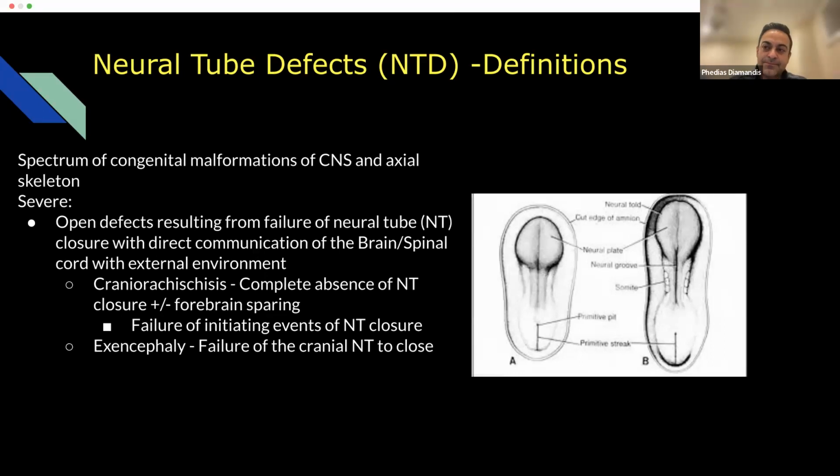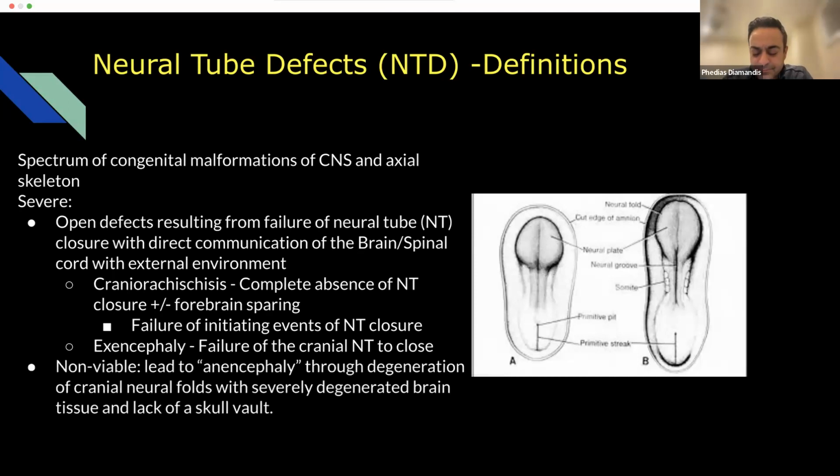Exencephaly is a variant of this. It's more of a theoretical variant because it's rarely seen in neuropathological specimens. But basically, if craniorachisis is a defect of the entire neural tube closure, exencephaly is when the failure is localized to the cranial neural tube, and the spinal neural tube closes properly.